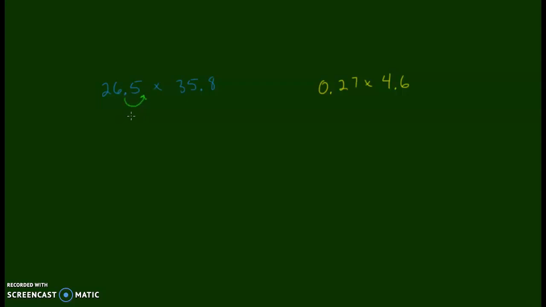Moving that 1 place to the right is the same thing as multiplying by 10 to the first. So if we looked at this number, 35 and 8/10, again, we move that decimal to the right. That's the same as 10 to the first. So if we have 10 to the first times 10 to the first, that's going to be the same as 10 to the second. And I'm going to write that right here, 10 to the second.